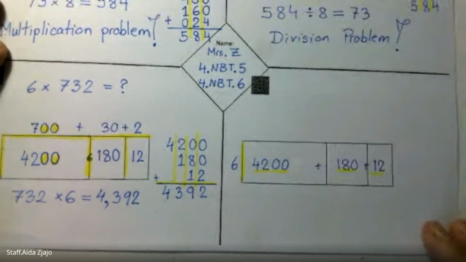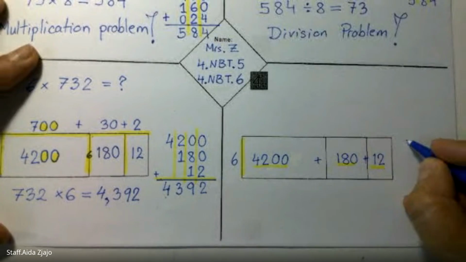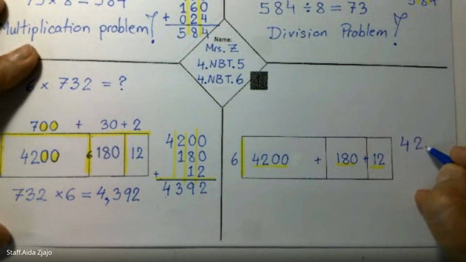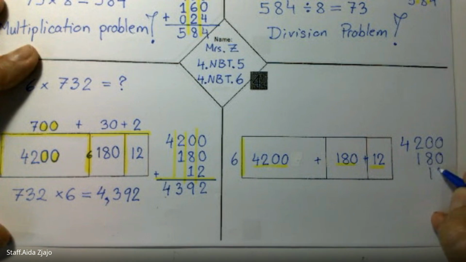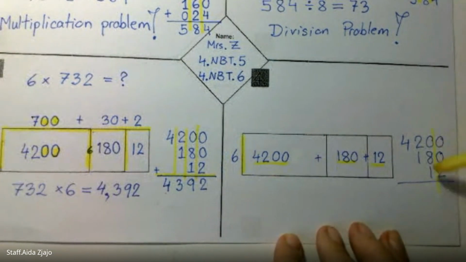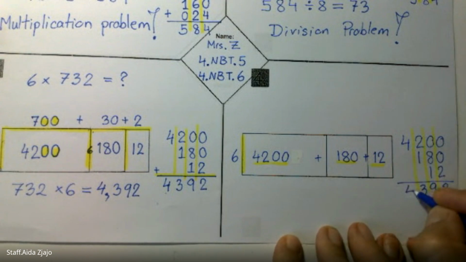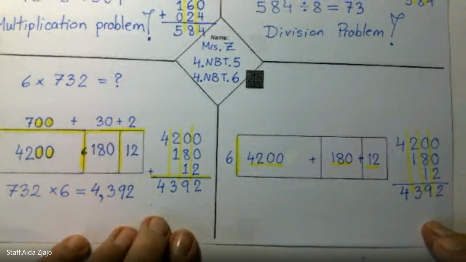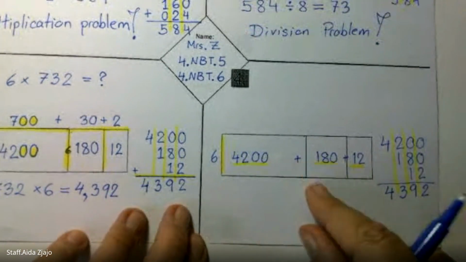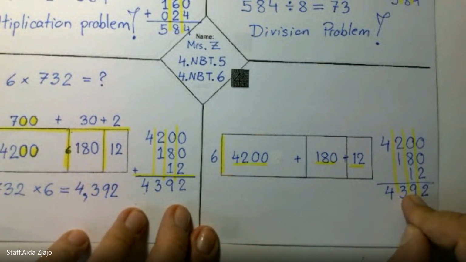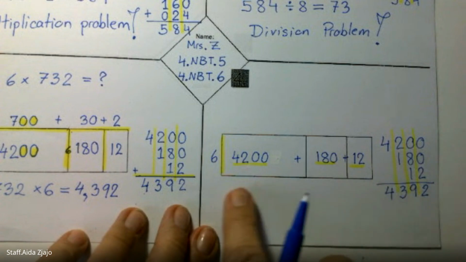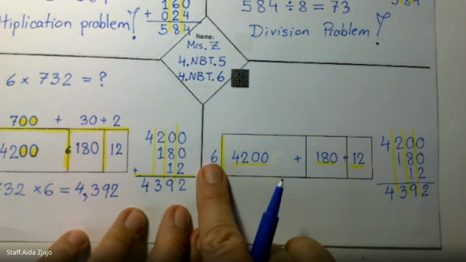So the first step is to add these numbers. 4,200 plus 180 plus 12 will give us 2 ones, 9 tens, 300, and 4,000. 4,392. Because the model looks like this, I know that this number is my dividend, and this is the divisor.